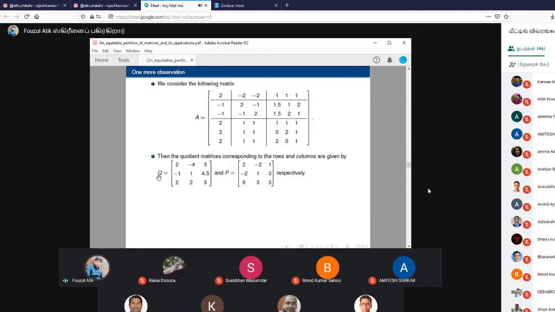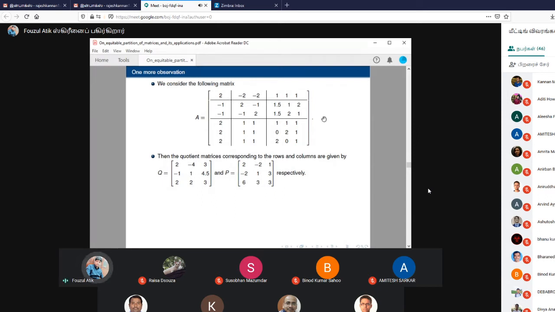Now, if we take the row sums, with all the constant row sums, we can find the quotient matrix Q equal to this. And if you take the transpose matrix A and take the row sums, we get this matrix, the quotient matrix, right?